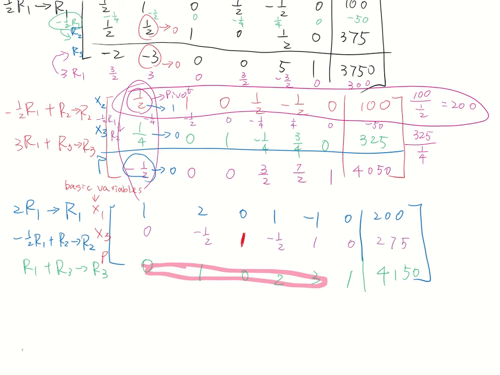And the rest are the non-basic variables, which means they have the value of 0. They are x2 and s1 and s2. Those are the non-basic variables.